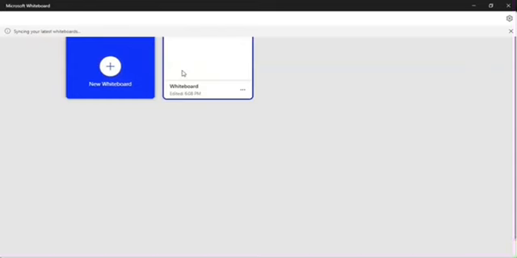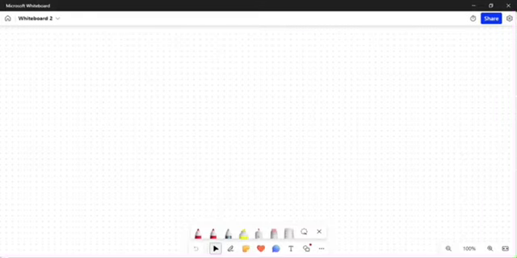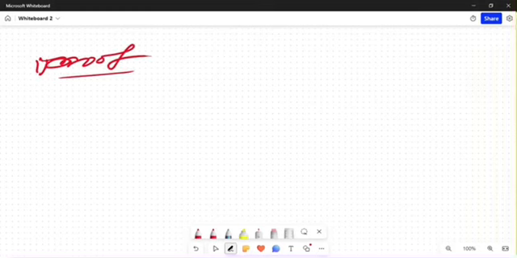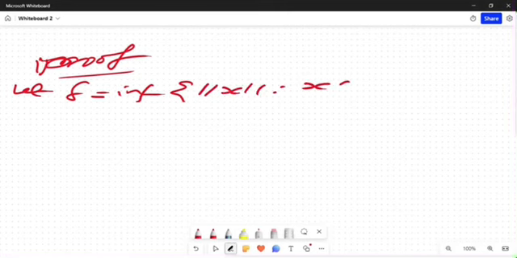So let me go to the construction of the proof of this theorem. Proof: let delta be the infimum of the norm of x, where x is an element of K as we are defining it.